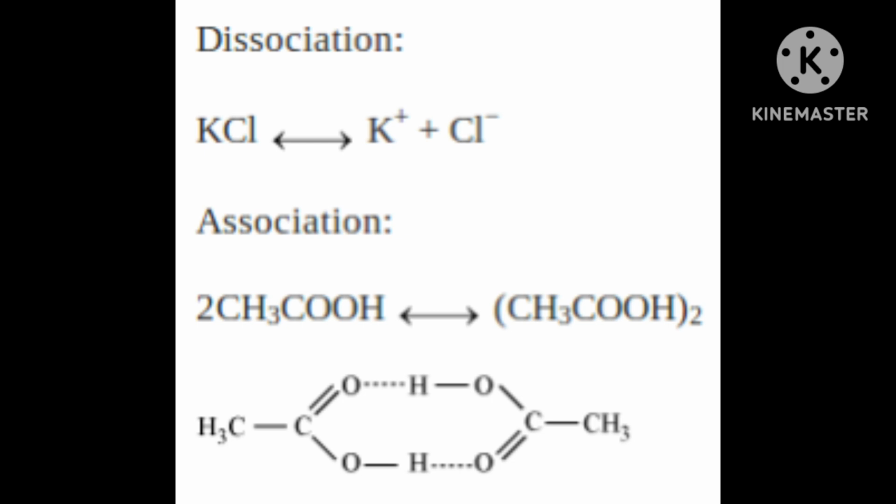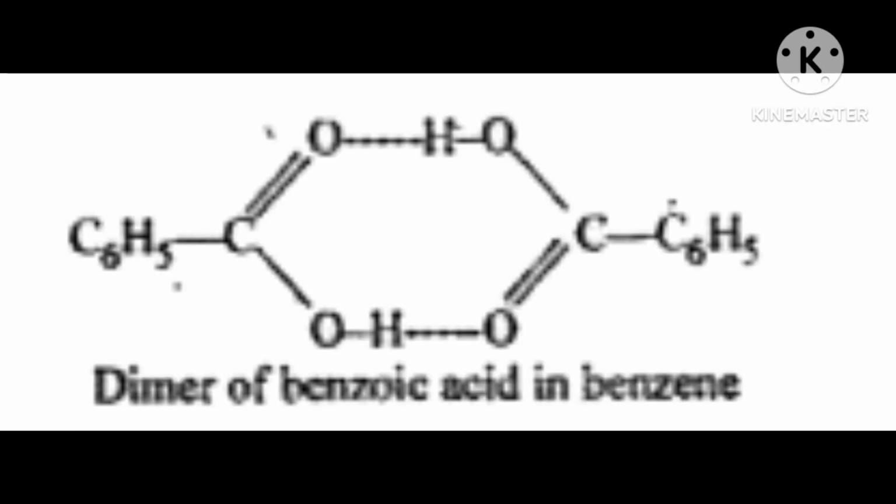If 2 particles were there, you would expect that vapor pressure will be less. But now 2 is becoming 1, so the disturbance is less and more solvent will go to the vapor phase.